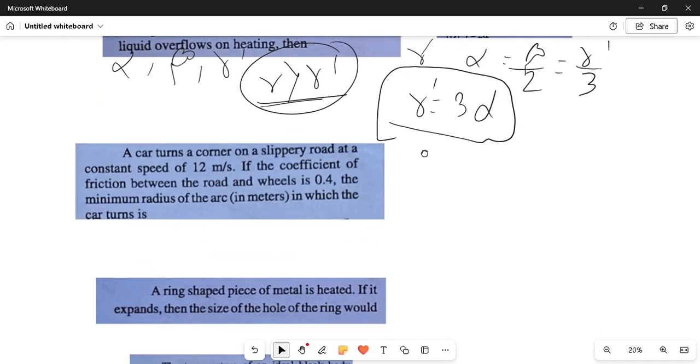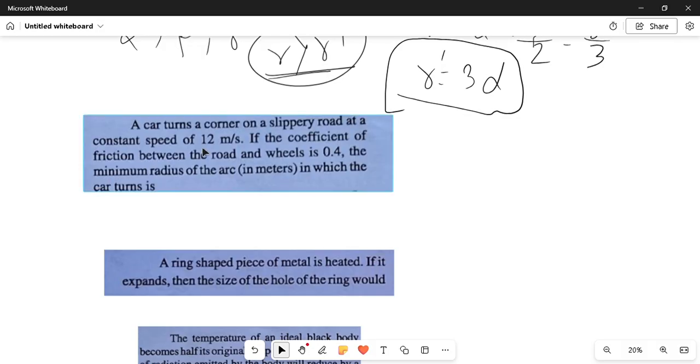Okay, next question. A car turns a corner of a slippery road at a constant speed of 12 meters per second. If the coefficient of friction between the road and wheel is 0.4, find the minimum radius of the arc in meters in which the car turns.